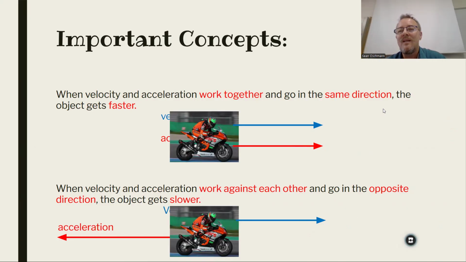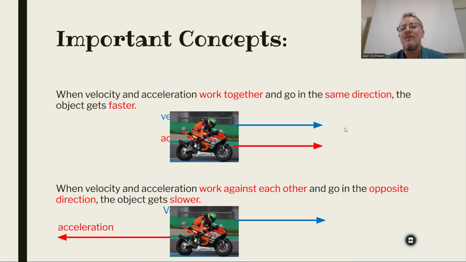Now, how to understand how velocity and acceleration work together. Let's say this motorcycle driver here is moving to the right, and let's let that be the positive direction. So then this driver has positive velocity. It's going to the right in the positive direction.